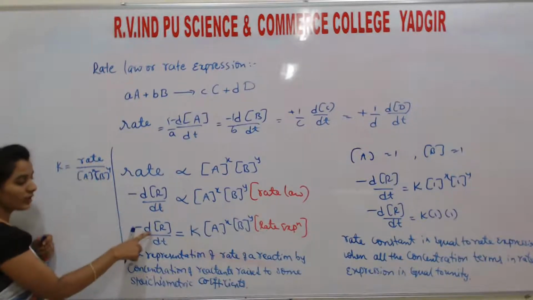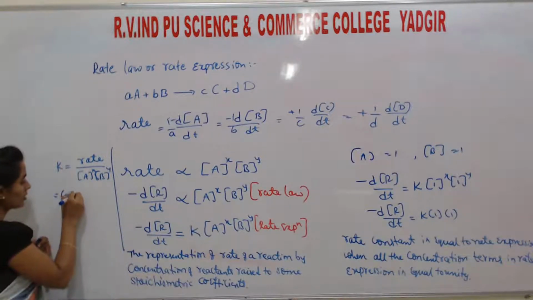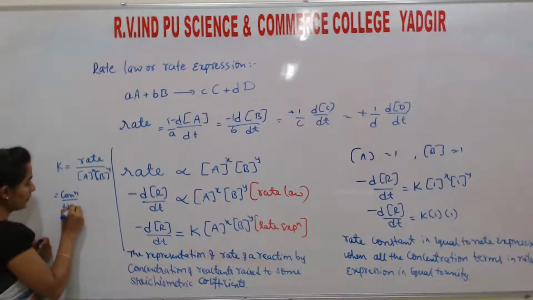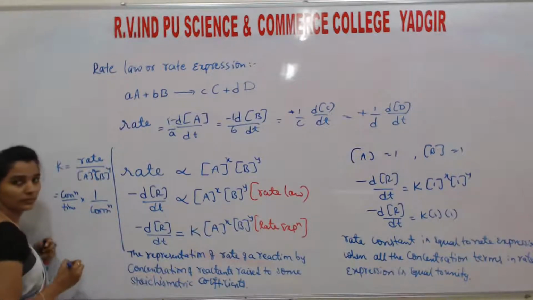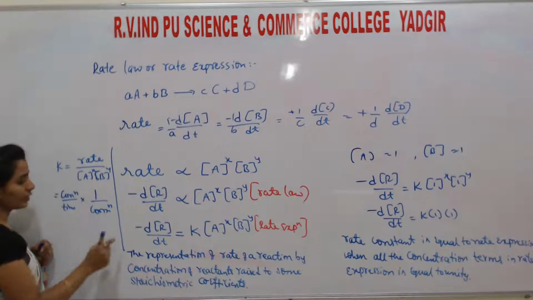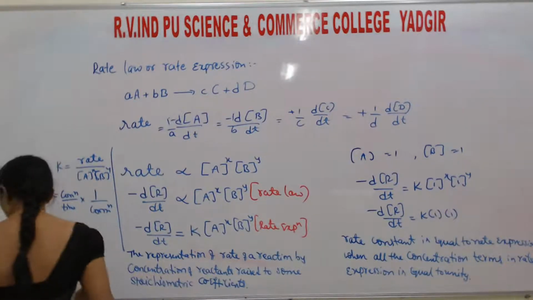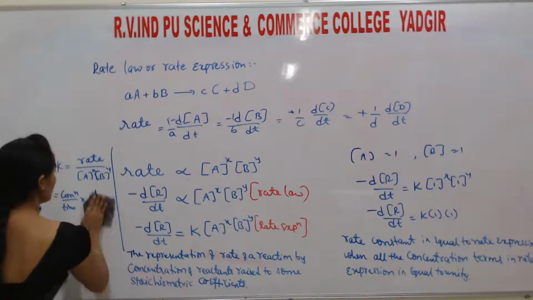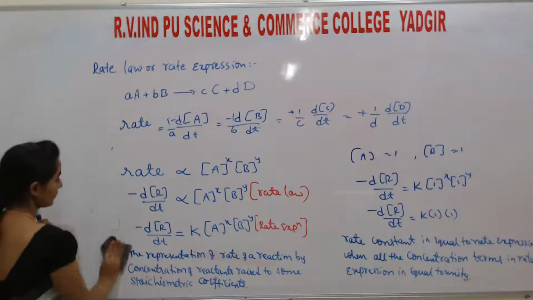So rate means what? Concentration by time. Correct? That is concentration by time into 1 by concentration. This is the unit of the rate of reaction. What is the need of this unit of rate of reaction? I explain later. Now you just remember what is rate law and what is rate constant.